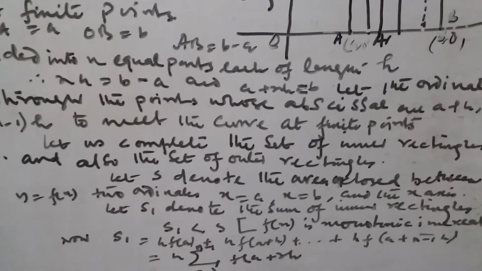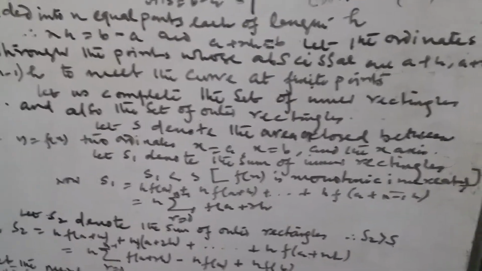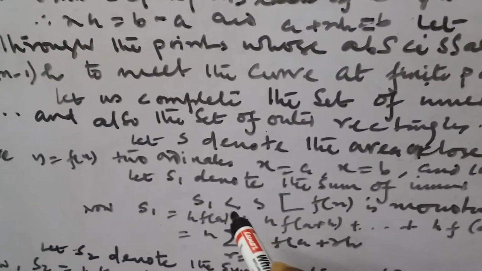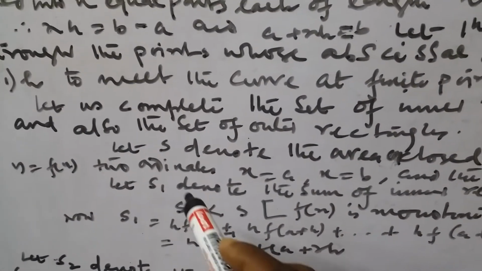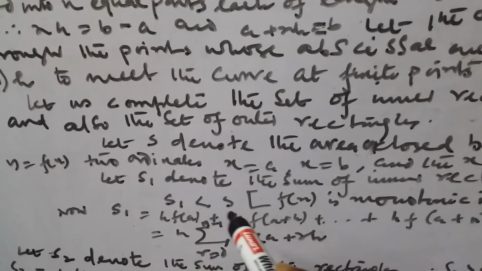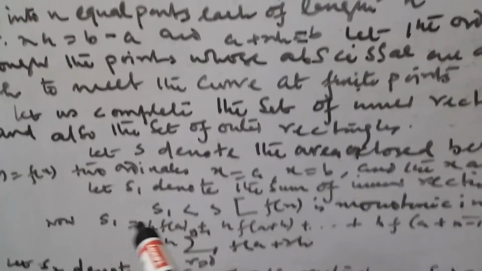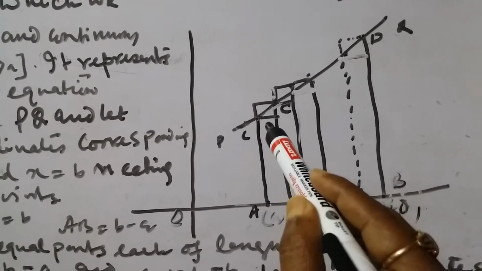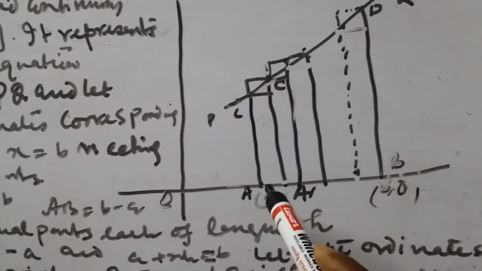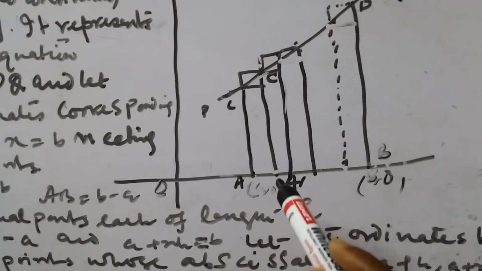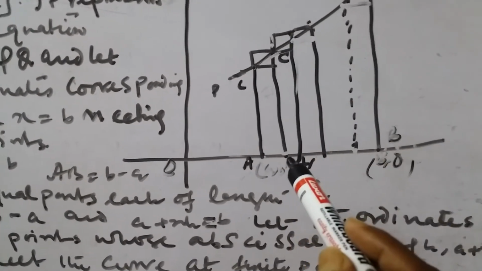If we denote the area of the inner rectangles as S1, then S1 is less than S. And what is the inner rectangle? That is h into f(a), h into f(a plus h).